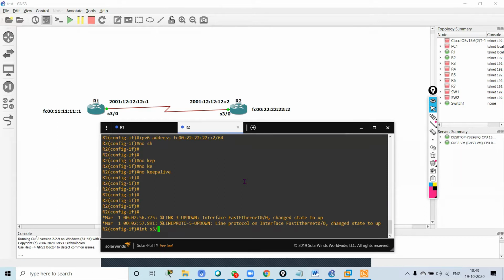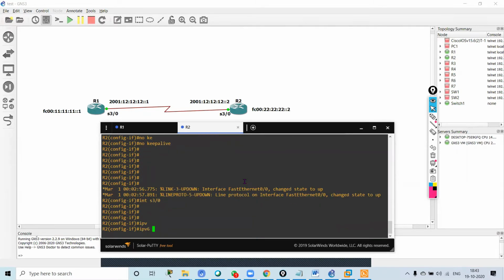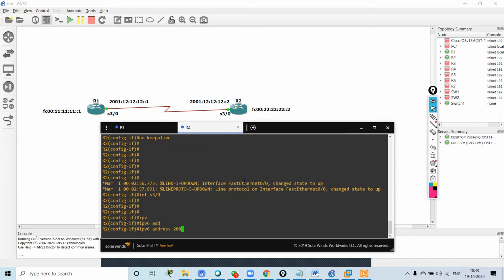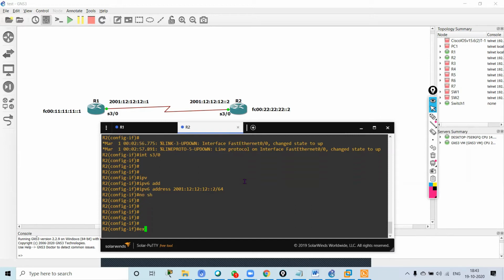Interface serial 3/0 in the WAN. Address 2001:12:12:12:2/64. No shut. Exit.